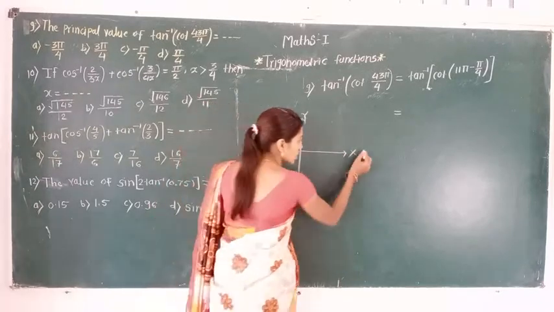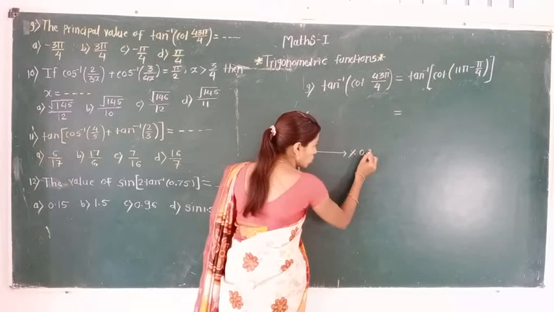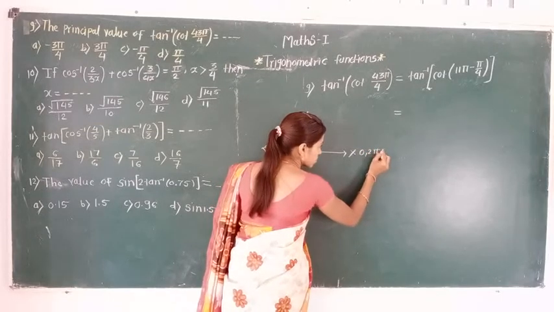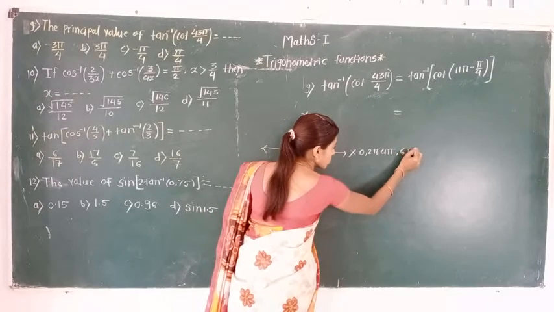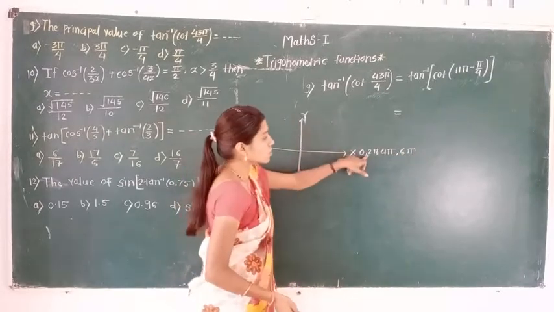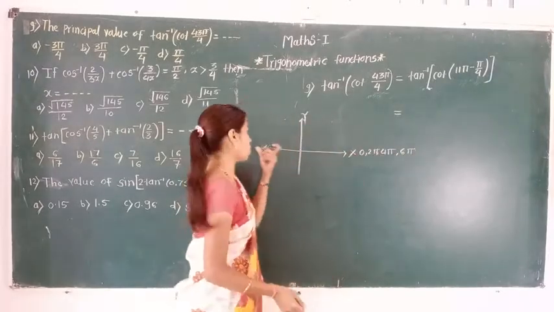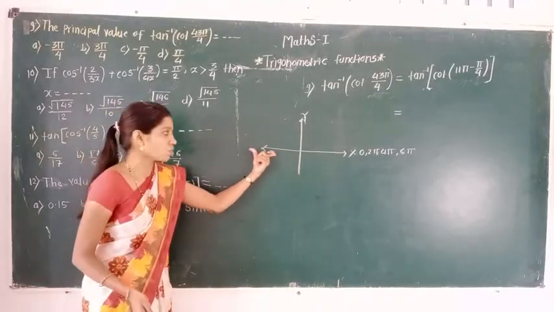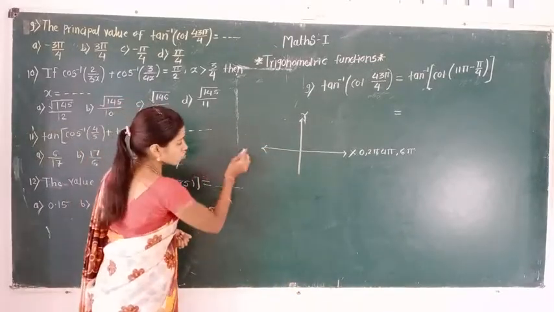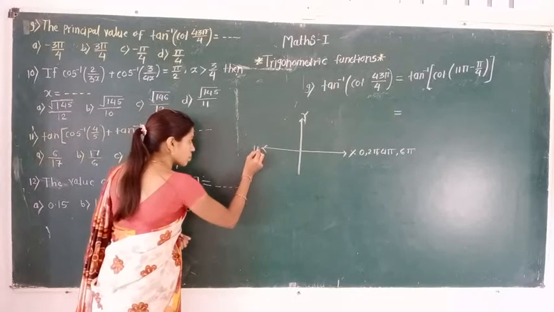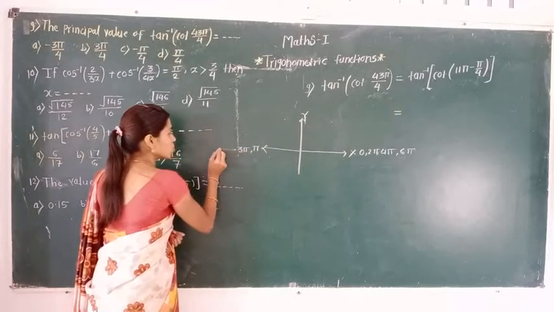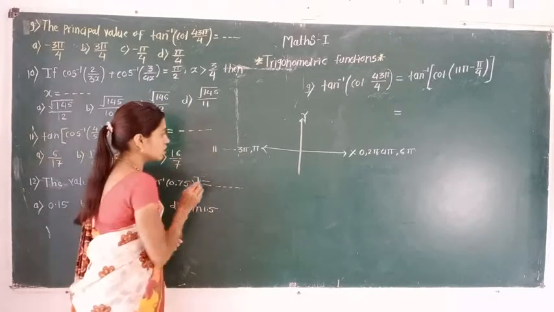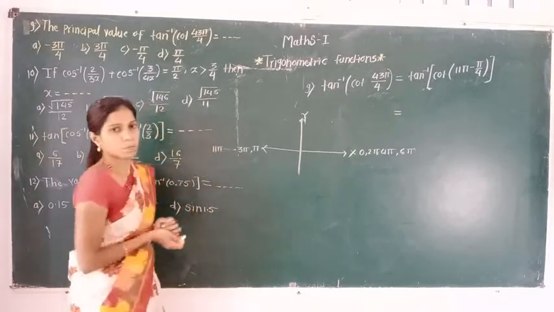Means here the angles 0, 2 pi, 4 pi are even multiples of pi, and the odd multiples of pi lie on the negative x-axis. So here we can write pi, then 3 pi, up to here we get the angle 11 pi.